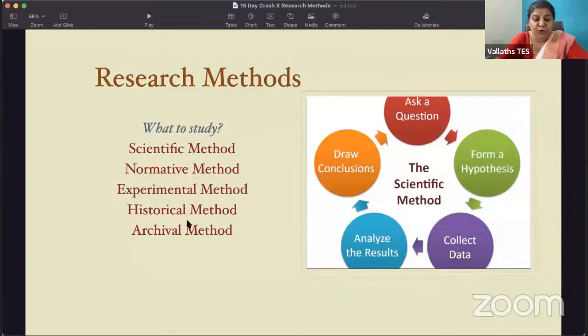Historical method is not used in science. Historical method is usually used in humanities only, and it can be there in all humanities. What is historical method? Learning about something by looking at the past. That is called historical method.